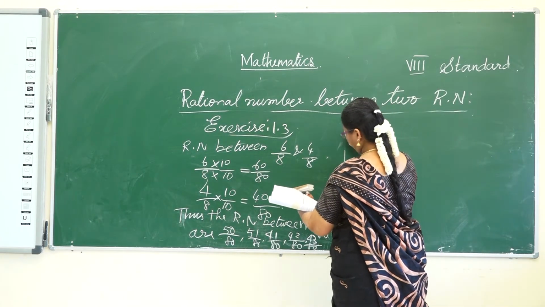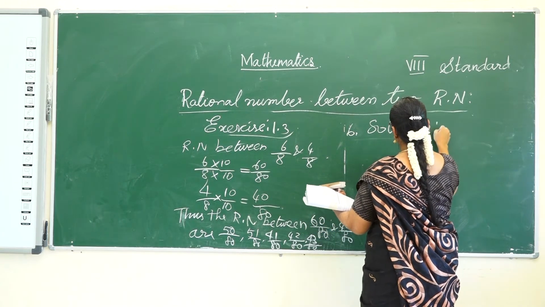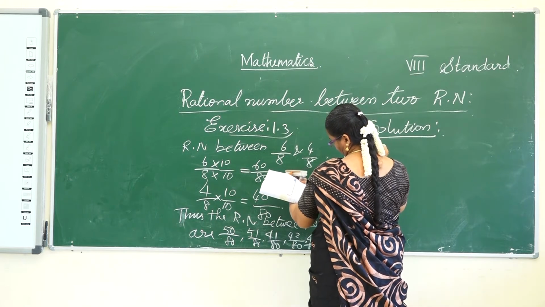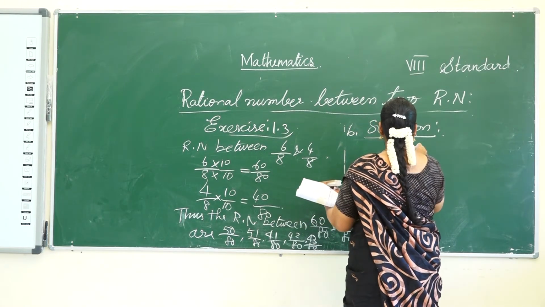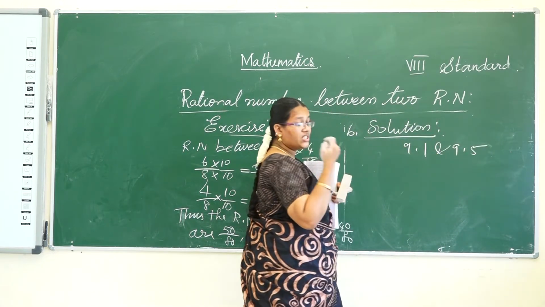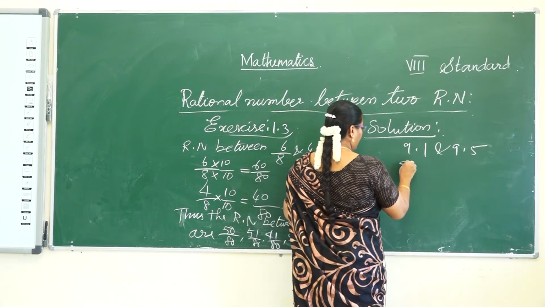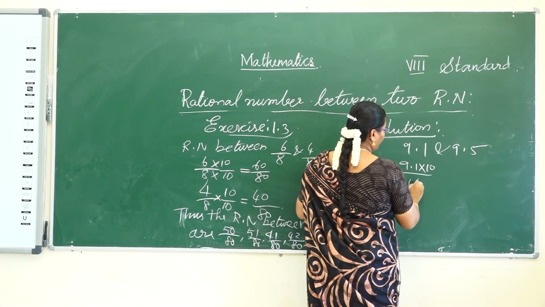And sixth one, find the 5 rational numbers between 9.1 and 9.5. So first change the decimal to fractional form. Multiply numerator and denominator by 10.